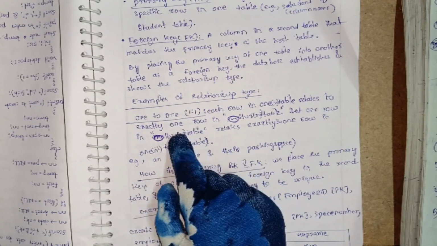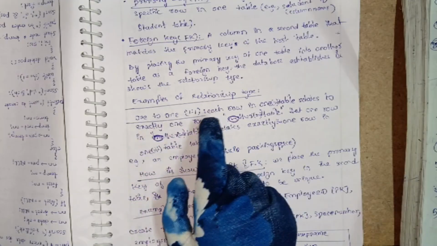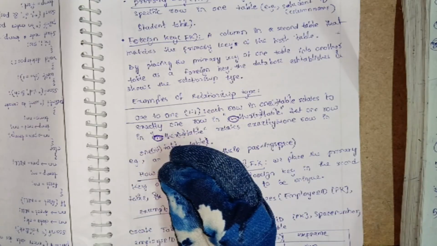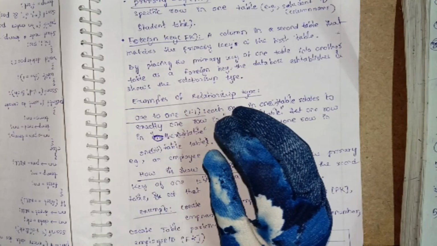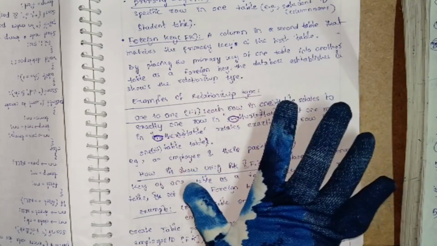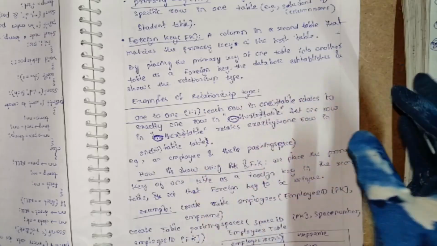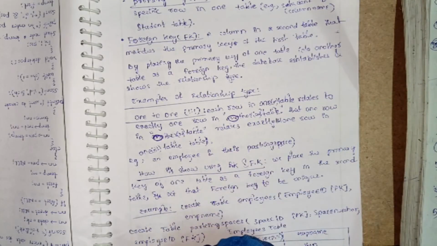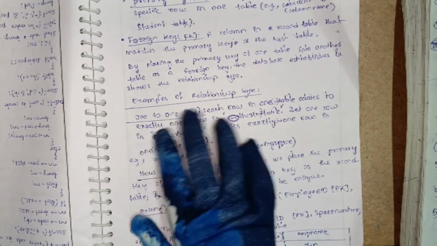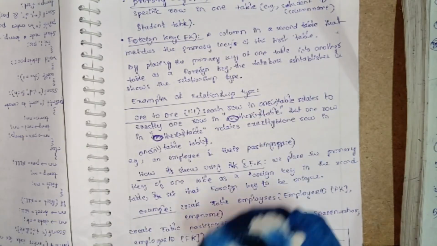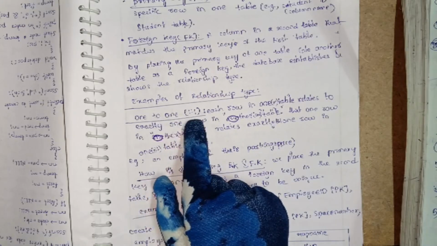In the ER model and the relational model it will be the same, but the representation is different in both models. So we have to redefine these statements in the relational data model. So in the relational data model, relationship types will be defined like this. First, one to one.